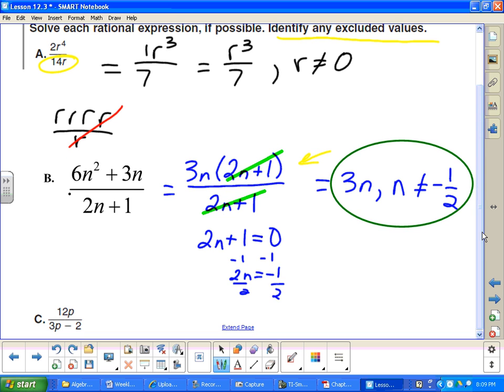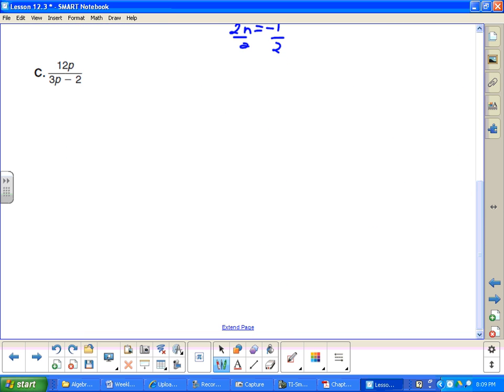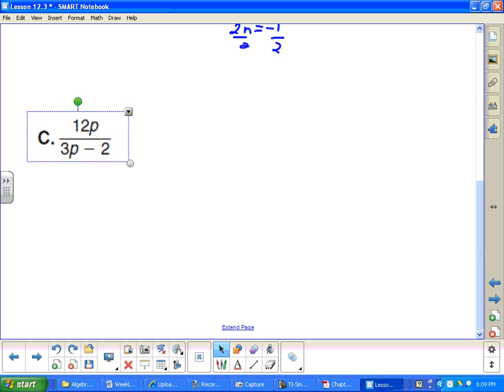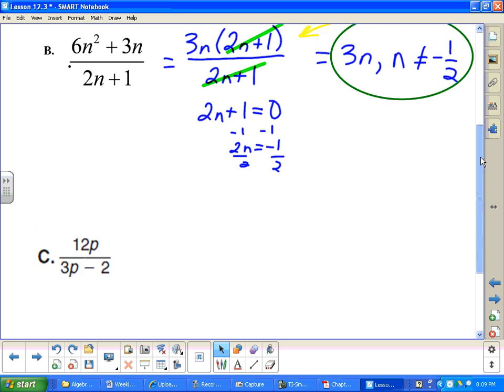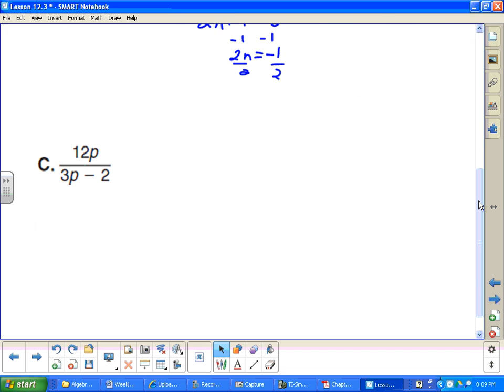Okay, so one more. So here we have 12p over 3p minus 2. So does this rational expression have any common factors?